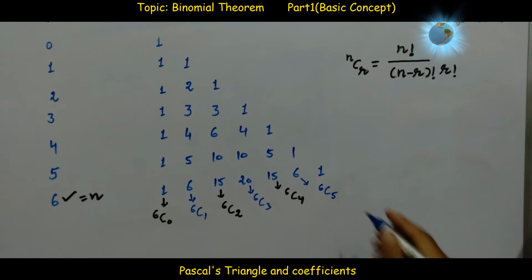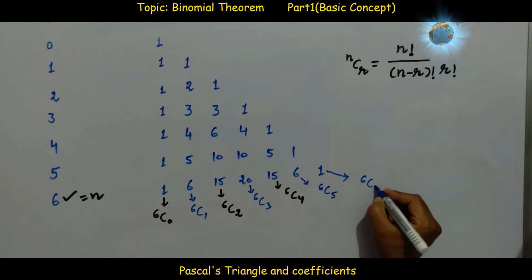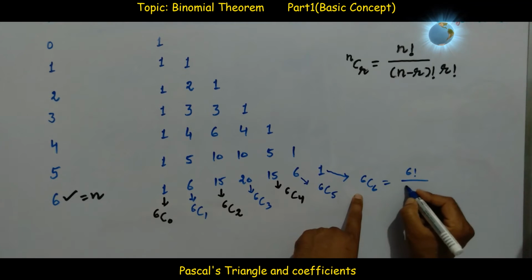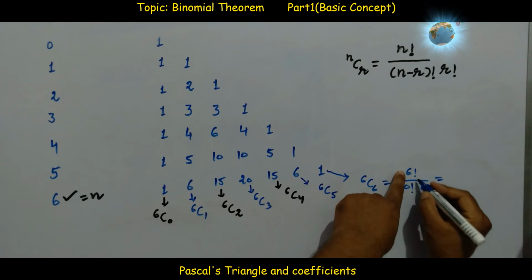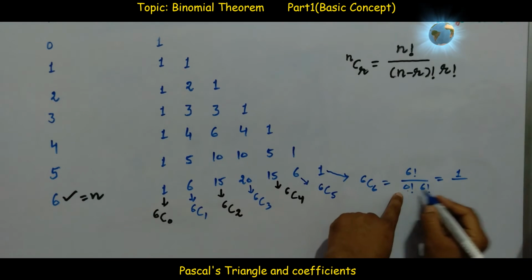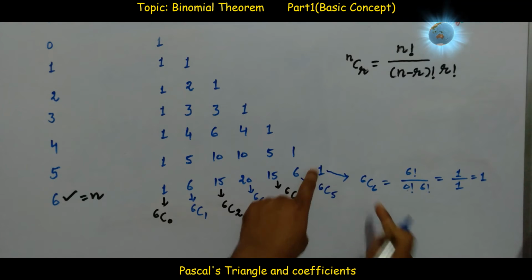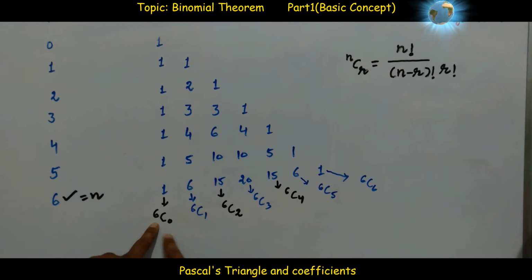Now lastly this is 1. 1 means 6C6. So what happens? This is 6 factorial divided by 6 minus 6, which is 0 factorial, into 6 factorial. 6 factorial cancelled, 1 divided by 0 factorial is also 1. So 1 is the answer. So 1 means 6C6.